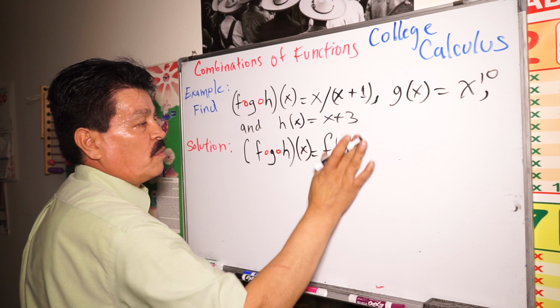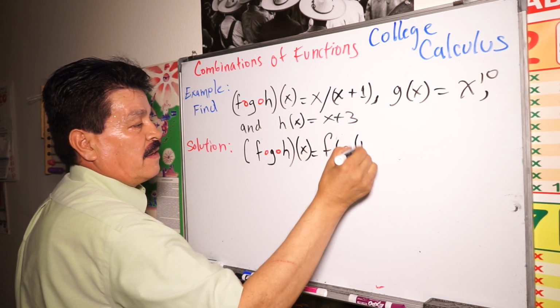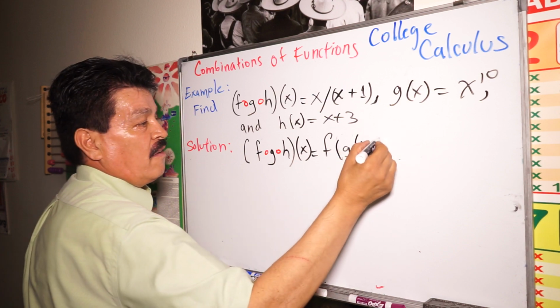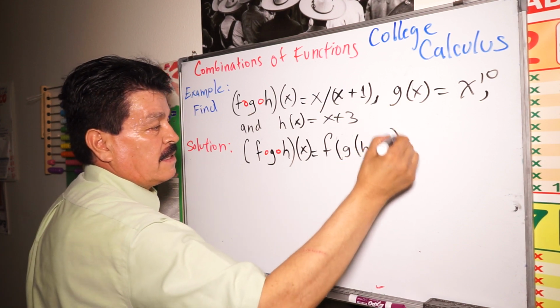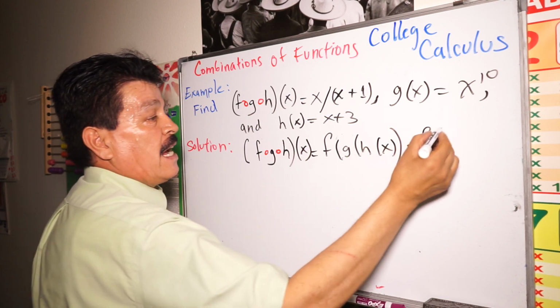It's because we have 2 here. It's g of h of x, which equals f, look at this, g of x plus 3.